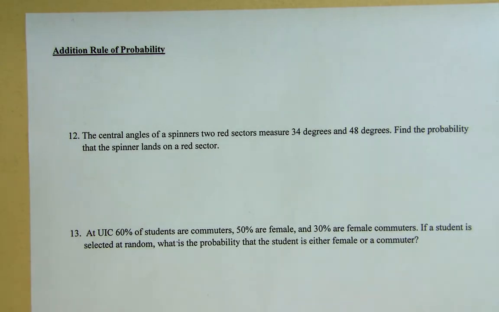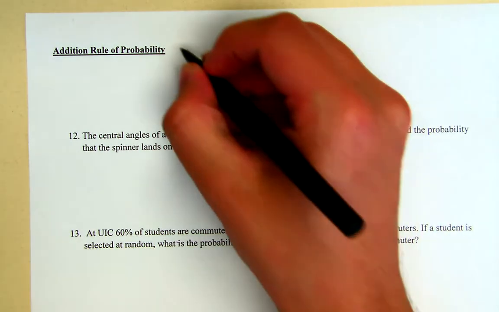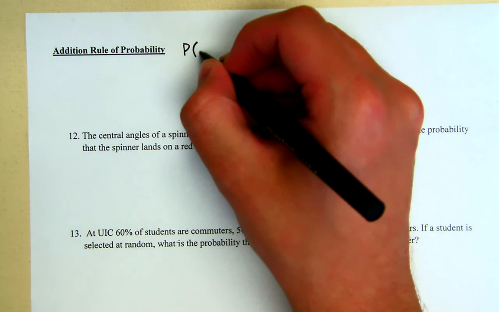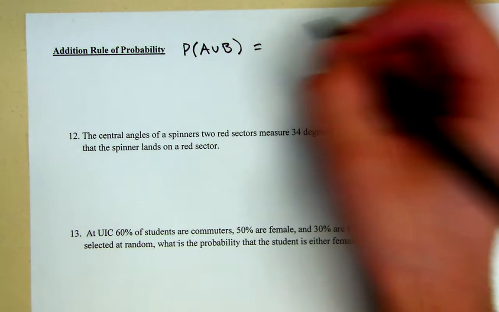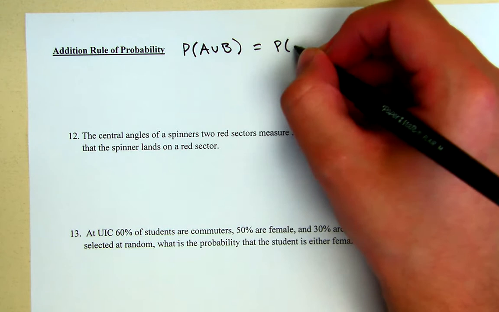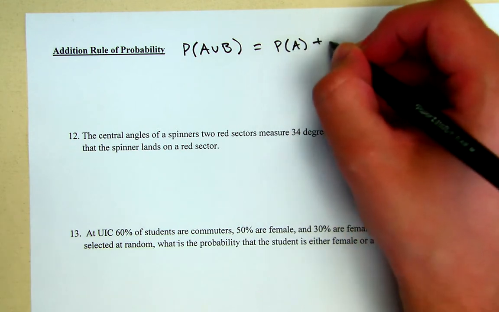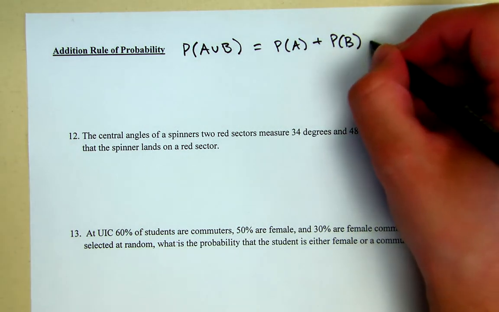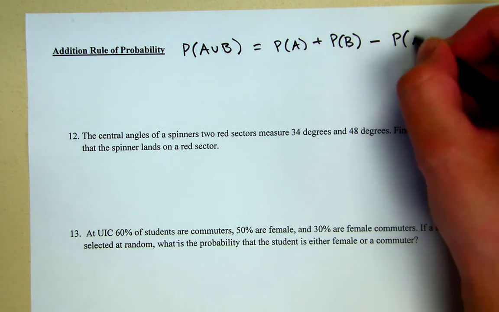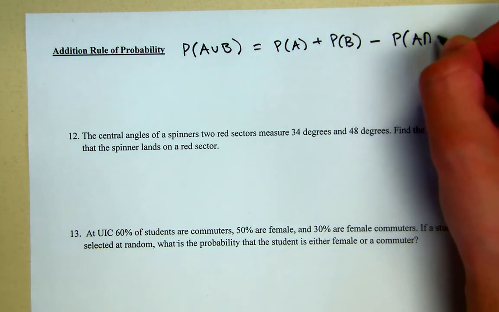So probability has a rule that we call the addition rule. So what is that? That is the probability of an event. So probability, when 2 events are united together, it means that we take the probability of event A and we add it to probability of event B. But we need to subtract out the intersection of those 2 events.